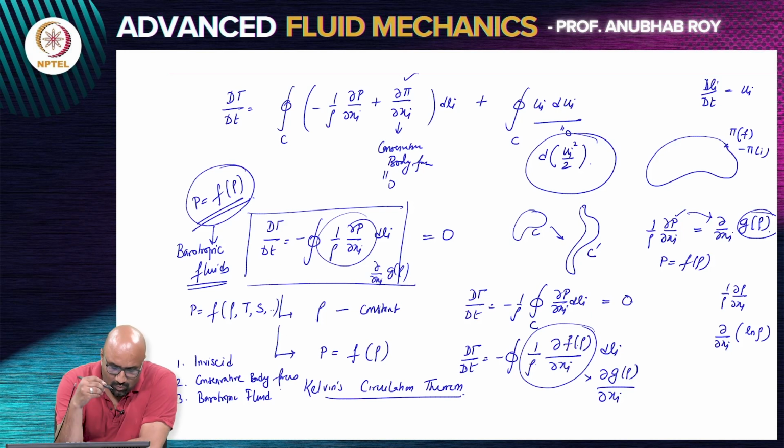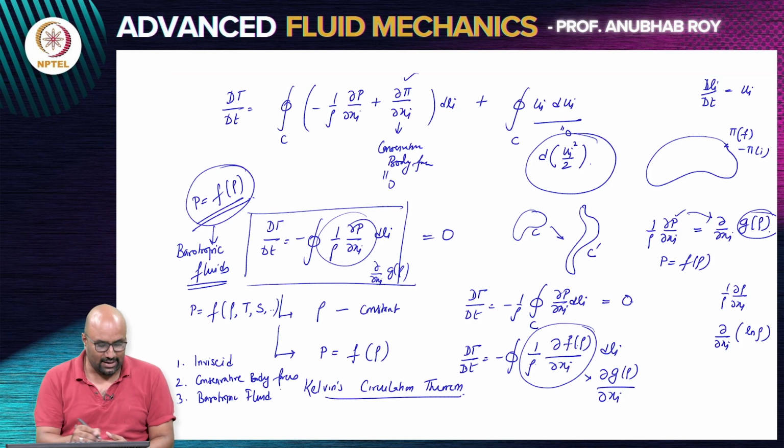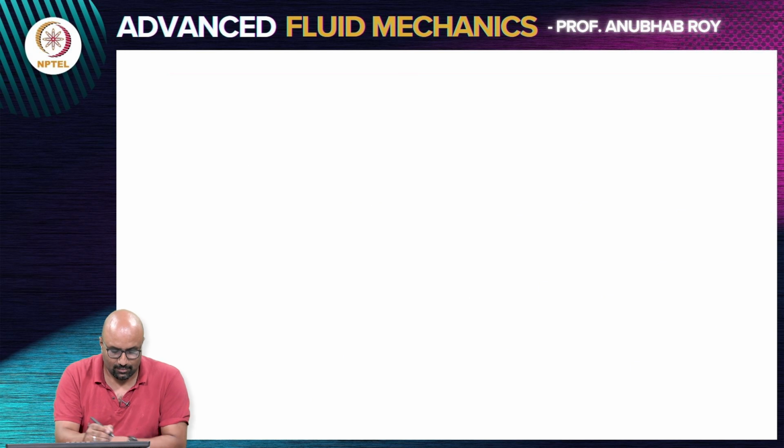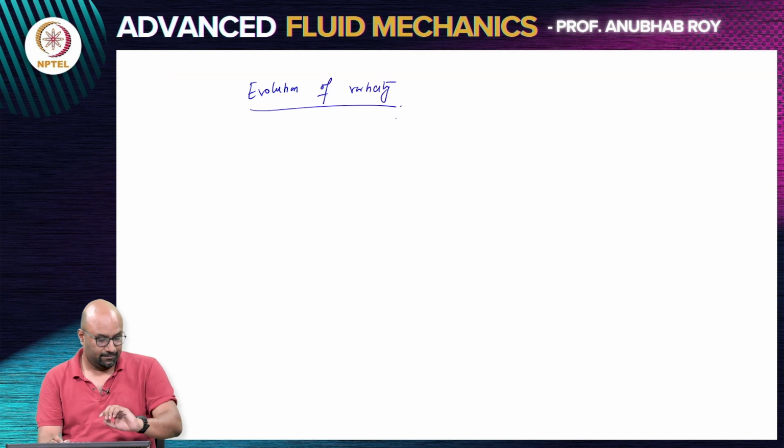So, this was a description of what is going on regarding circulation, how circulation remains conserved. We also saw an expression for obtaining velocity given vorticity. But something that we have not done yet is the evolution of vorticity. How does vorticity evolve?